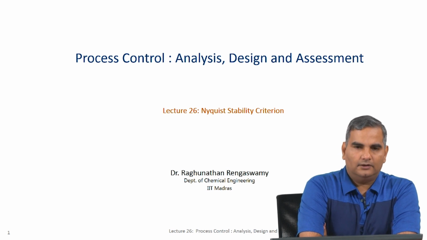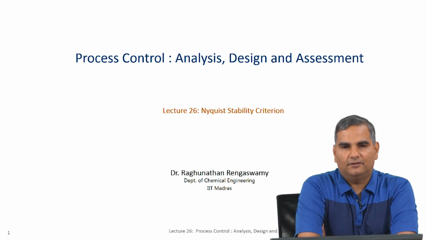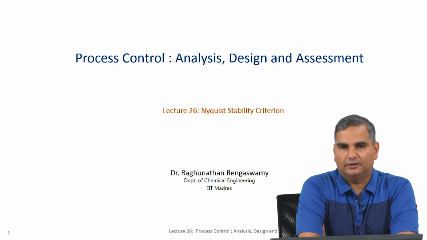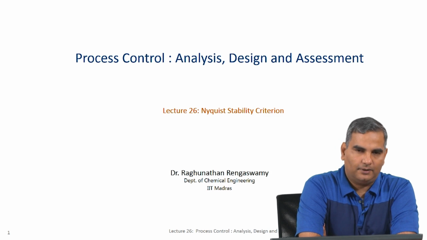Now, I also towards the end of the last lecture showed you how these results are useful for closed loop systems, where I said we want to cover the whole right half plane to ensure that there are no zeros of 1 plus GC in the right half plane.